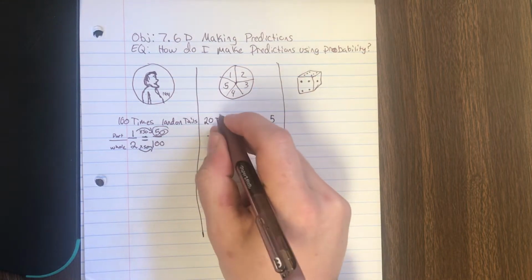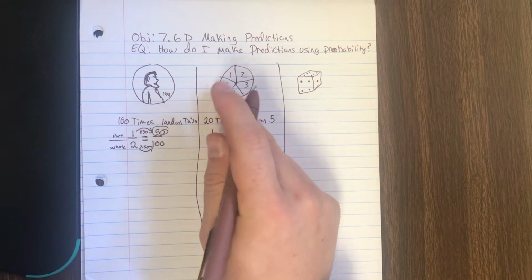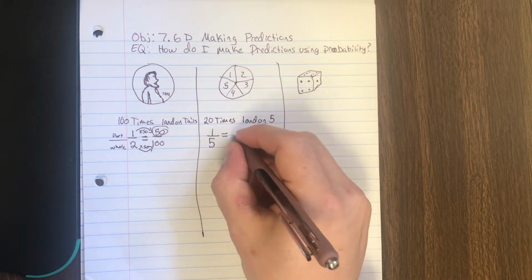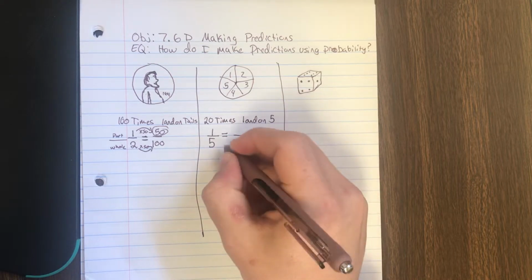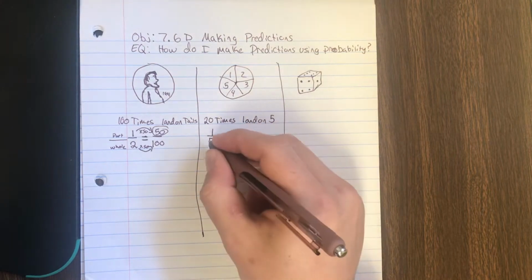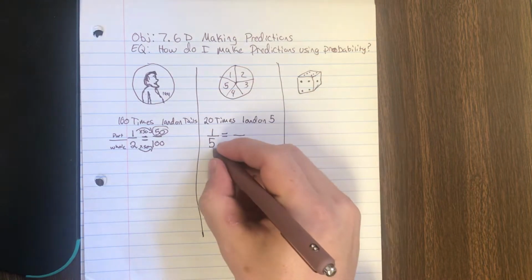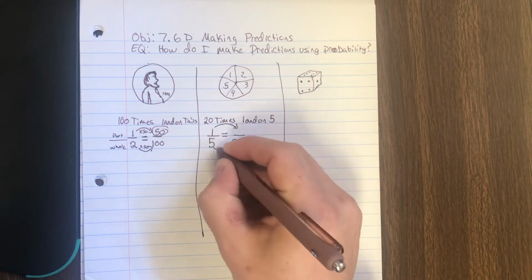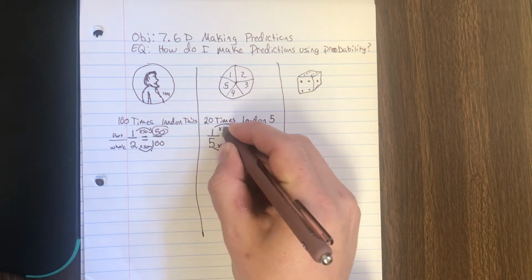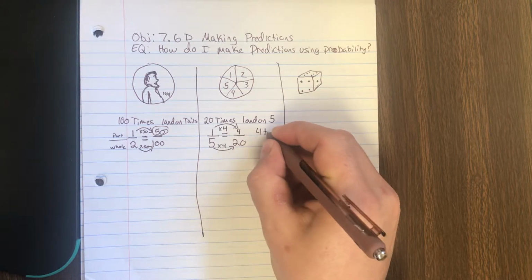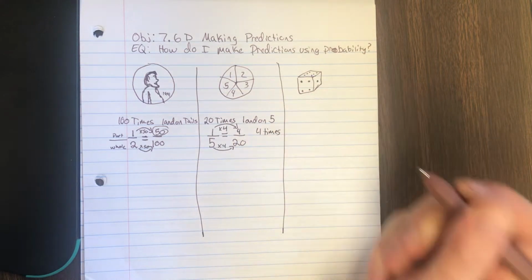So one spin out of 5 total spins, I should get the number 5. How many times would I get it if I spun it 20 times total? We can cross multiply and divide by 5, but you can also see a relationship here: 5 times 4 equals 20, so 1 times 4 would equal 4. I'd land on 5 4 times.